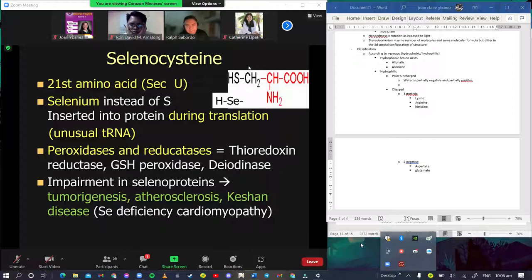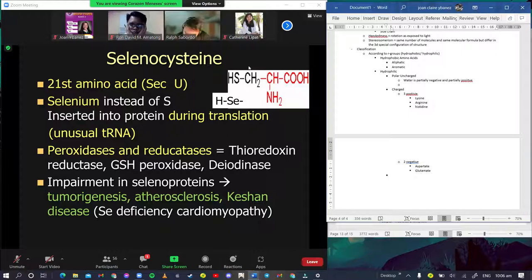Now let's take a look at selenocysteine. It differs from cysteine by replacing the sulfur atom with a selenium atom. And the three-letter is SEC, that is selenocysteine. Se for selenium and C for cysteine. Why is it called a 21st amino acid?